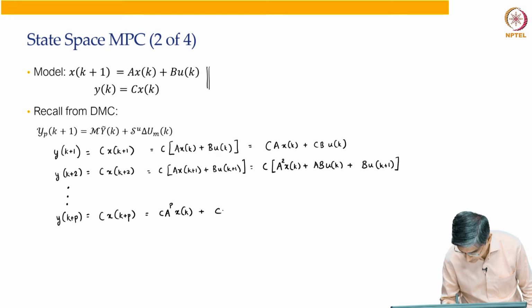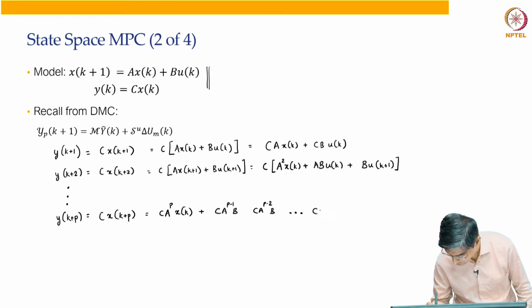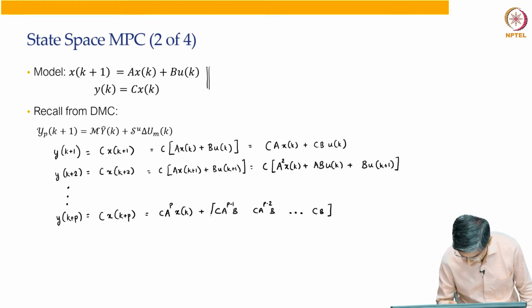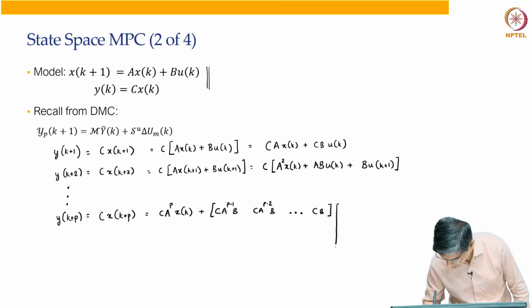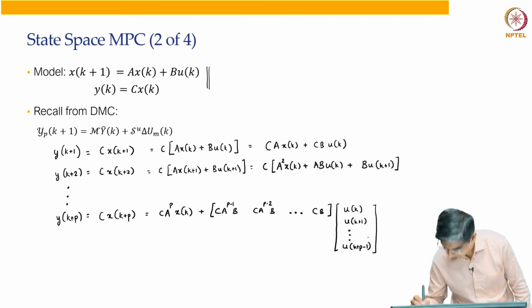x k plus c a to the power p minus 1 b, c a to the power p minus 2 b and so on up to c b multiplied by u k plus 1 and so on to u k plus p minus 1.